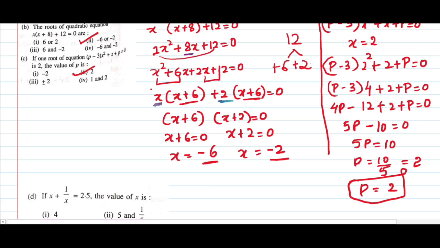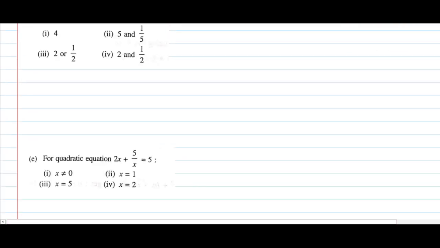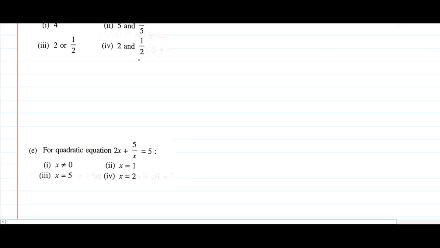I hope this is clear. Next, the third one. If x plus 1 by x is equal to 2.5, we have to find the value of x. So what we will do here is multiply by x on both sides, or we can say we take the LCM.